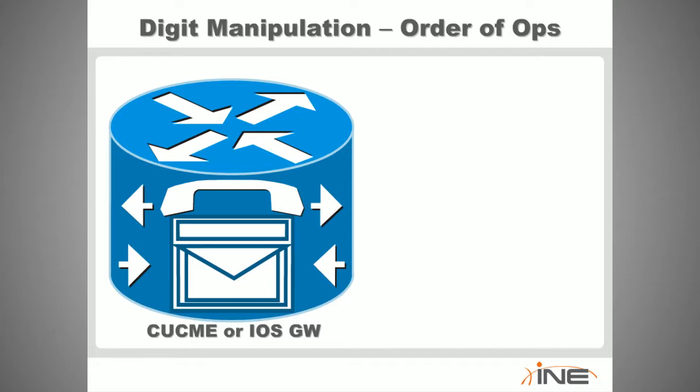And if we're calling outbound to another SIP phone, we're leaving through a VoIP dial peer. This is what's known as IP to IP gateway, or CUBE, the Cisco Unified Border Element.